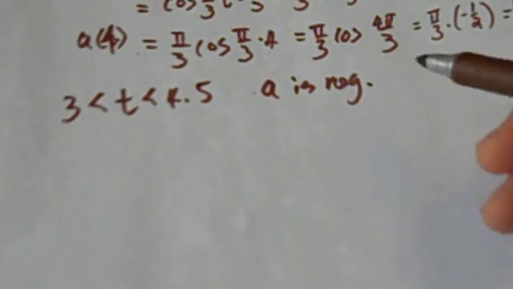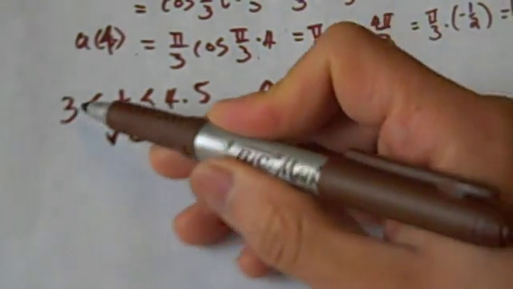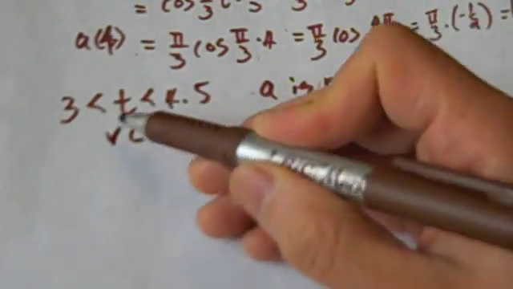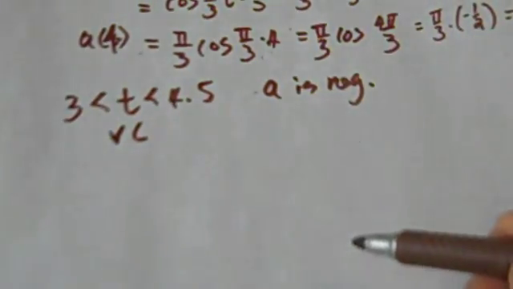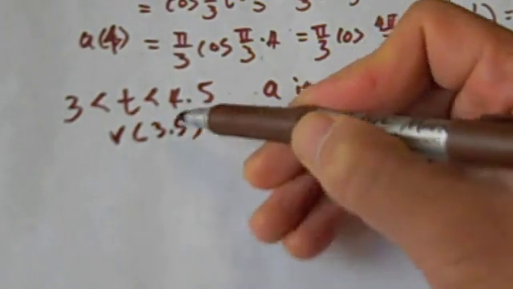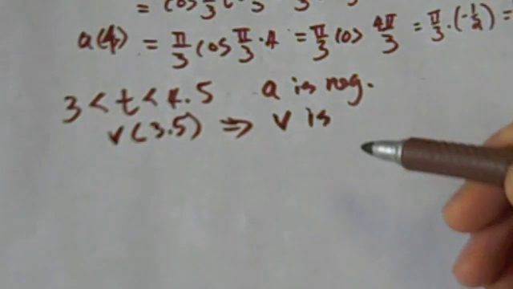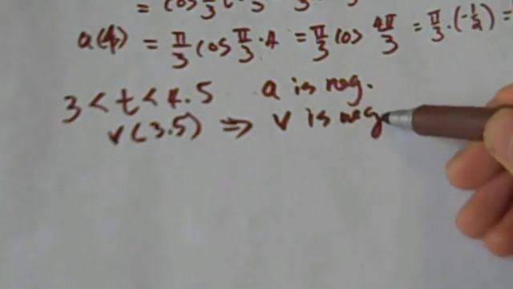Now, we then need to look at velocity. Is velocity in between 3 and 4.5 positive or negative? Well, you can test one by putting, say, 3.5 into v. And what you will find out is that v is also a negative value.